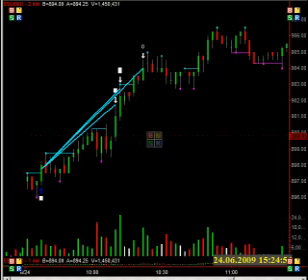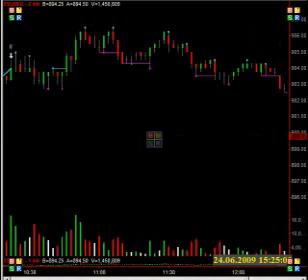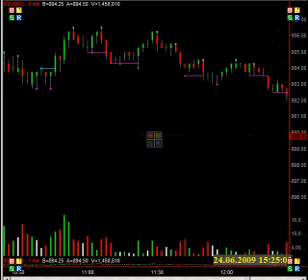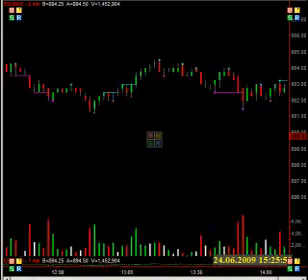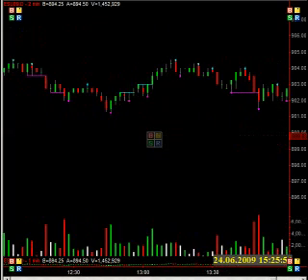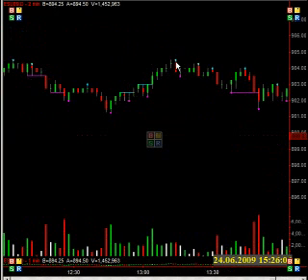Now I'll show you the trade that I was going to take, but I didn't take. Over here, right here, we had another trade setting up. This was coming up to an area of major resistance, and the reason why I ended up not taking this trade is because it was too close.